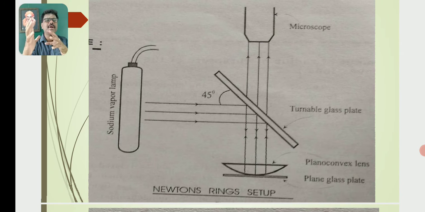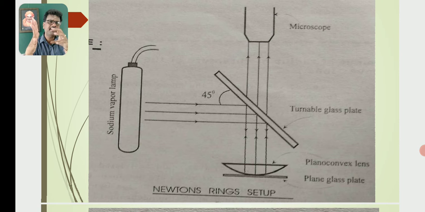The monochromatic light from the sodium vapor lamp, a source of yellow light, is made to pass through a convex lens, where the sodium vapor source is placed at the principal plane of the convex lens.